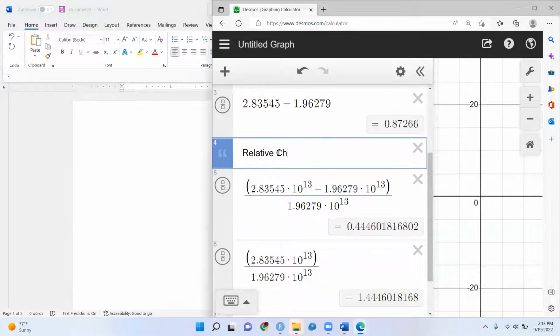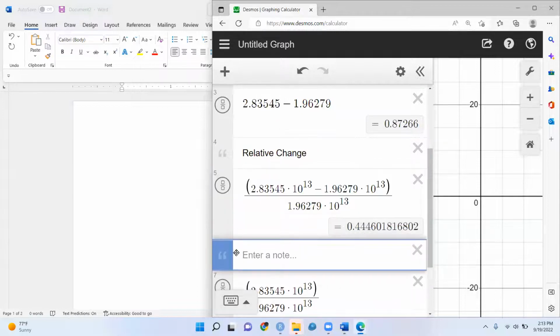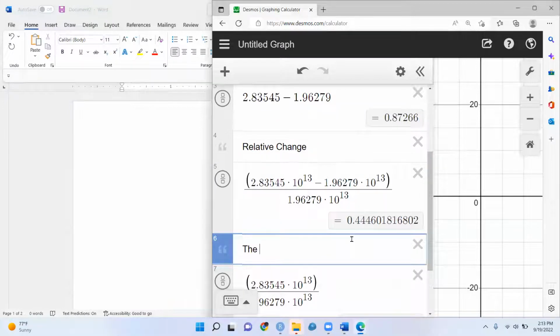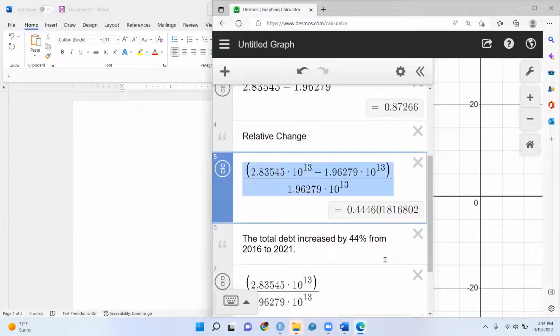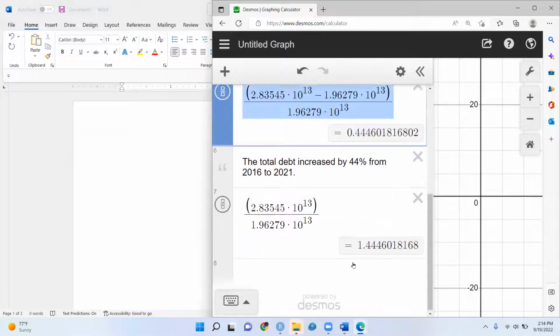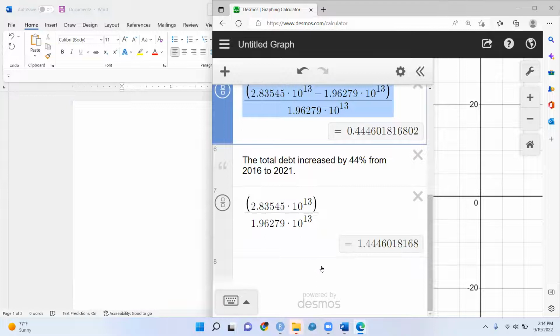How about I label stuff here? Relative change. And let me just write out an explanation. So the US total debt increased by 44% from 2016 to 2021. How do we feel about that statement from this relative change formula? That makes sense. Okay. So then the crazy part is, what's up with this?